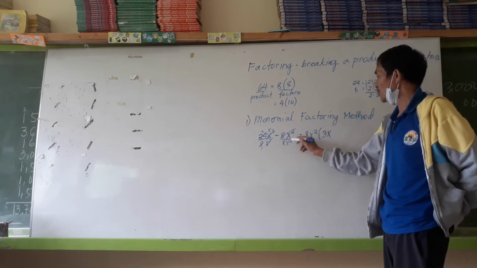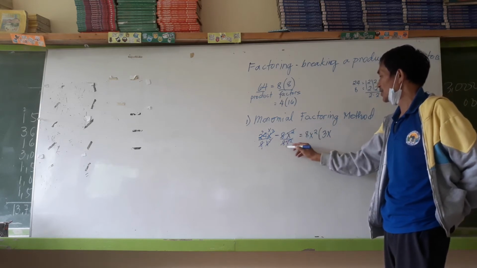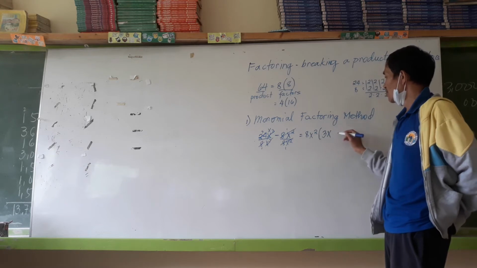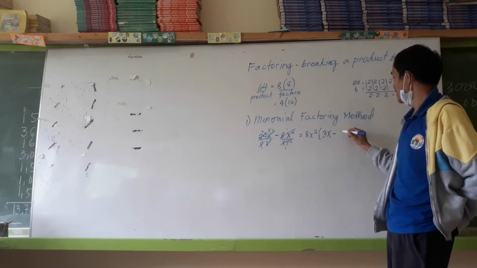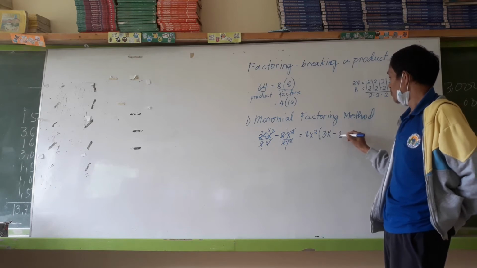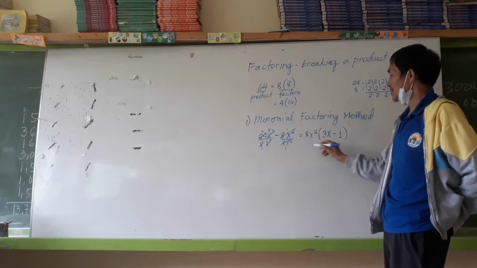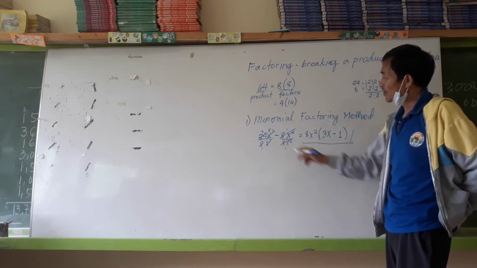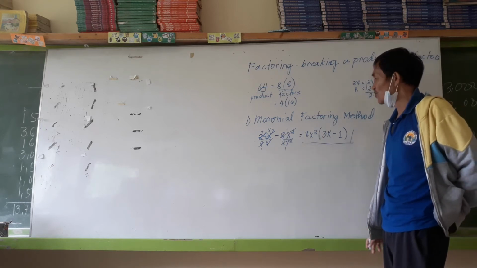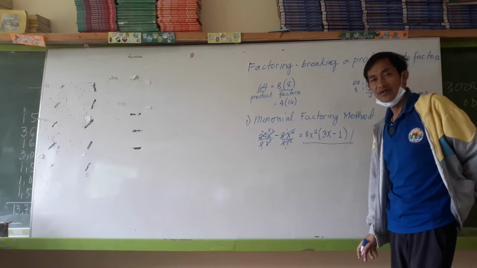You cancel 8x squared and 8x squared. This will be 1, this will be 1. You, of course, place their sign of operation there. And 1 divided by 1 is 1. Now, these are the factors of this polynomial, 24x cubed minus 8x squared.